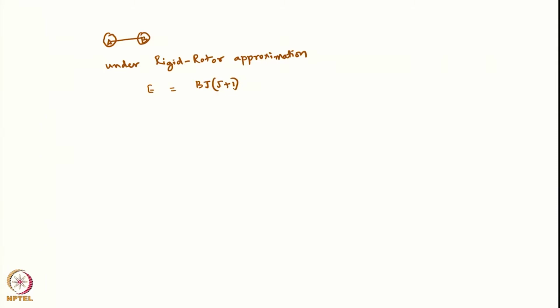And if this has centrifugal distortion, then this will be given by minus D into J square into J plus 1 whole square.